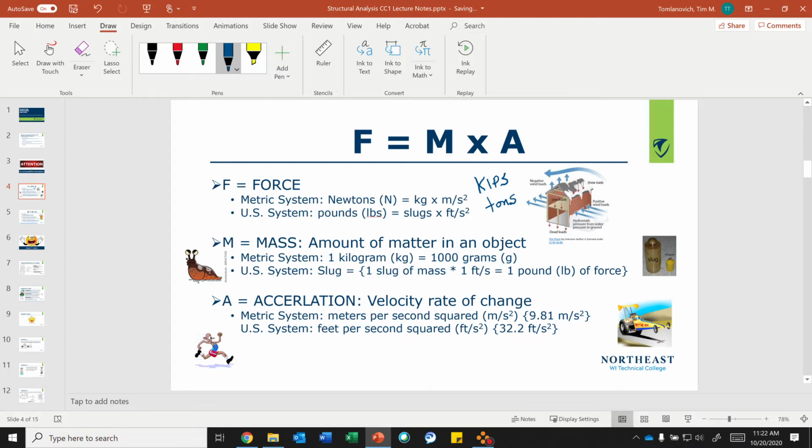For a force system, mass is the amount of matter in an object. Metric system is 1 kilogram. US is 1 slug. Acceleration is the velocity rate of change. That's 9.81 meters per second squared or 32.2 feet per second squared.